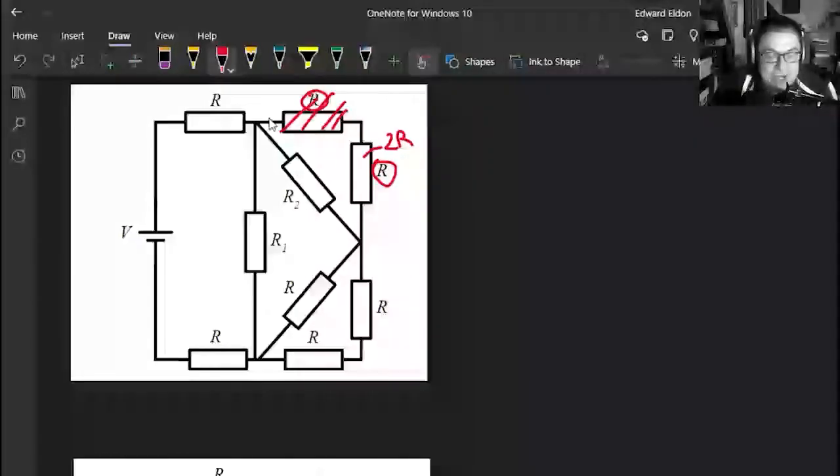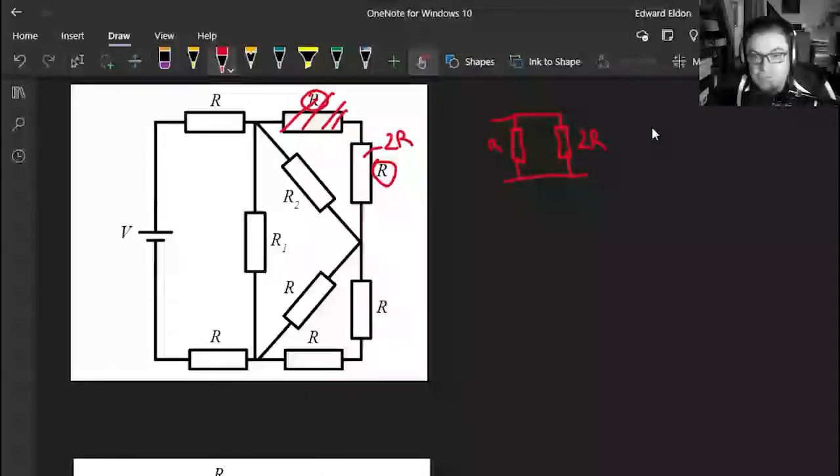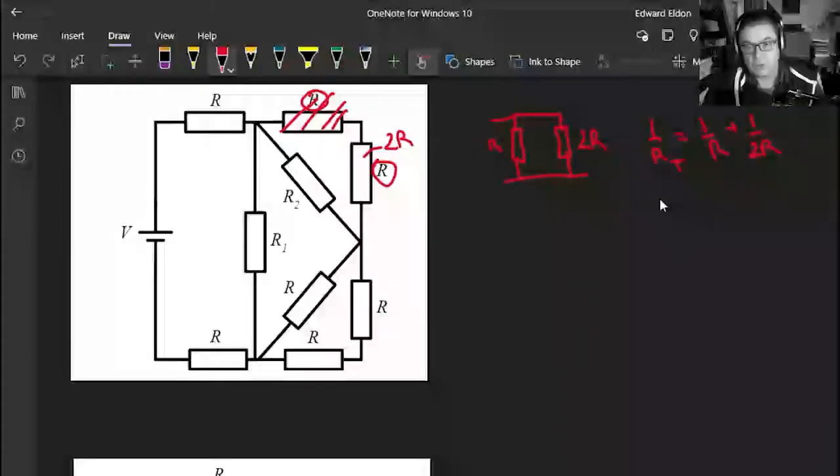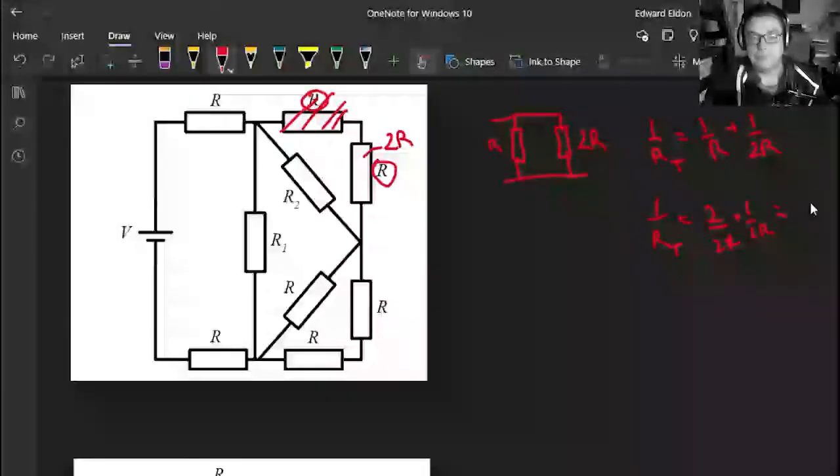If we were to re-sketch that little triangle in the corner, it has now reduced to two resistors in parallel, one of which is 2R and the other of which is R. Now we have to reach for our parallel resistors formula. 1 over RT equals 1 over R plus 1 over 2R, which means that 1 over RT equals 2 over 2R plus 1 over 2R, which equals 3 over 2R.